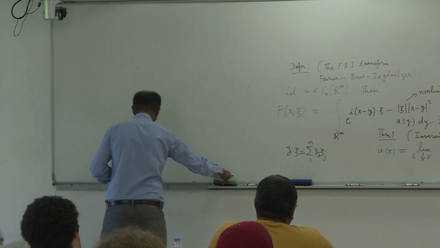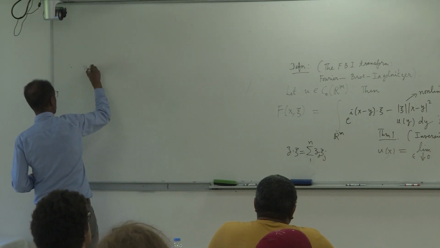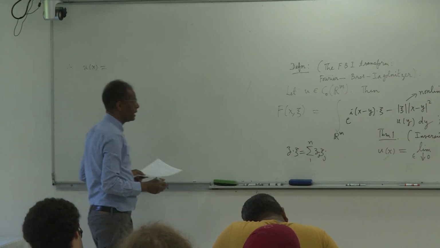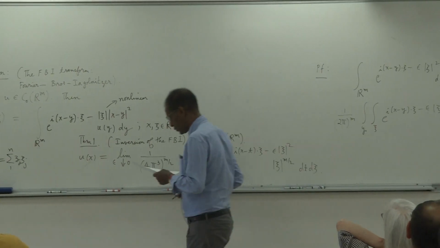And so u of x, which, as I just showed, is the limit of this as epsilon goes to 0.